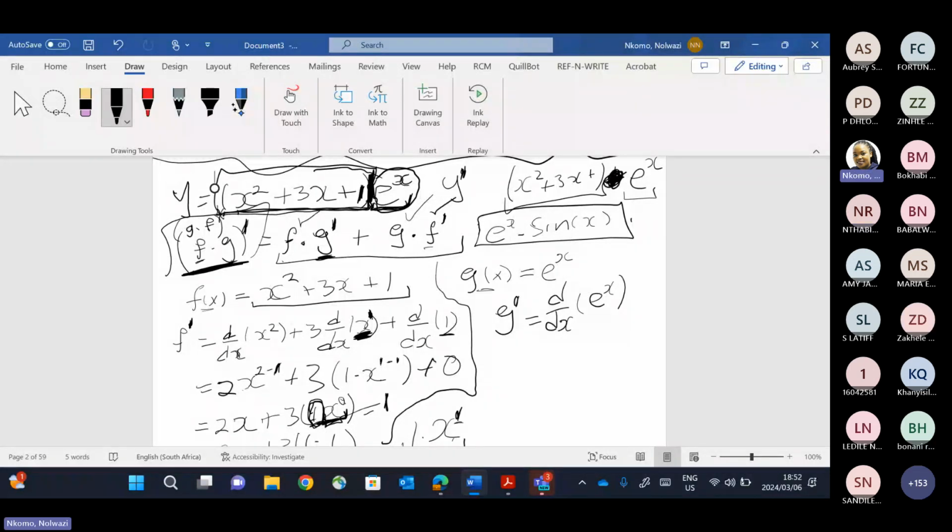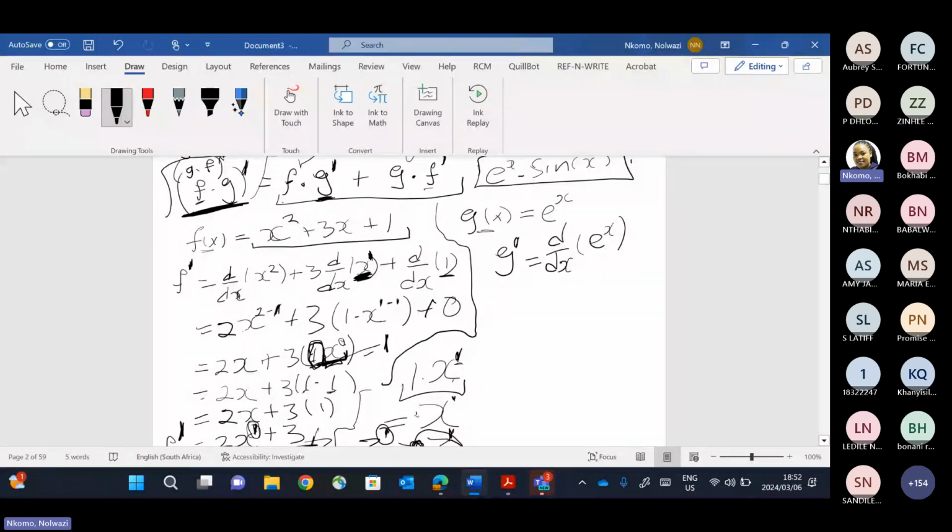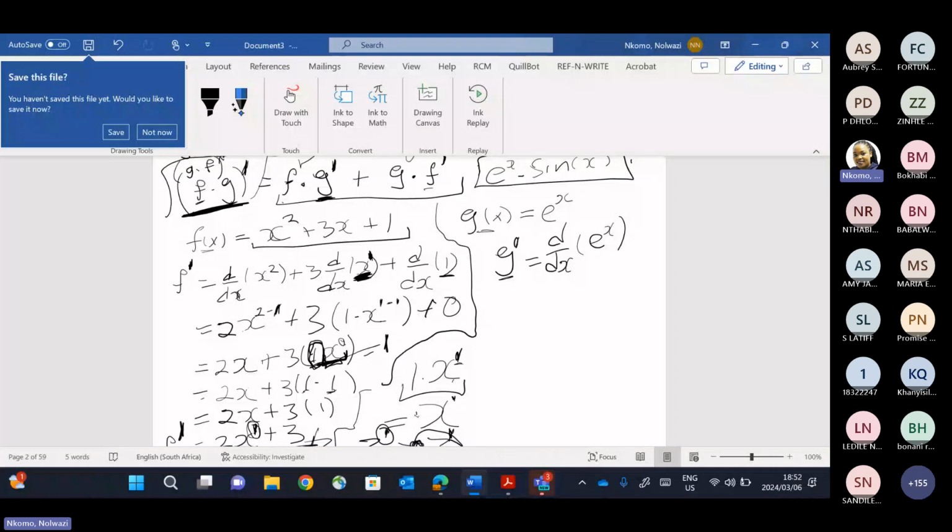Okay, then the next step was to find the derivative of g. Okay, g is e to the power x, and we want to find the derivative of e to the power x. We go back to our rules, right? We have this rule. This rule says the derivative of e to the power x is e to the power x.